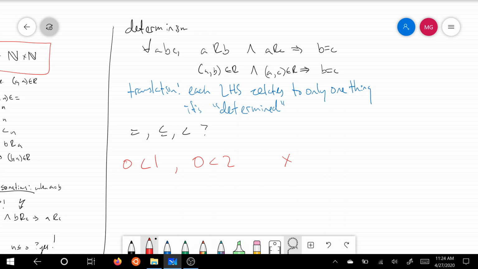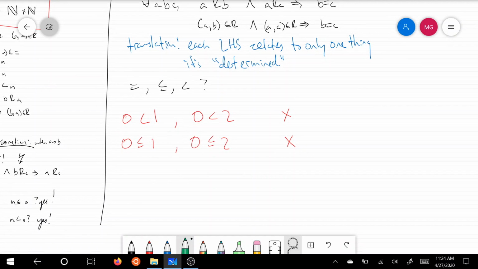Not the case. By the same token, 0 is less than or equal to 1, 0 is less than or equal to 2, not the case. But 0 equals 0. The only thing we can find it equal to is itself. So yeah, the equals relation here is deterministic.